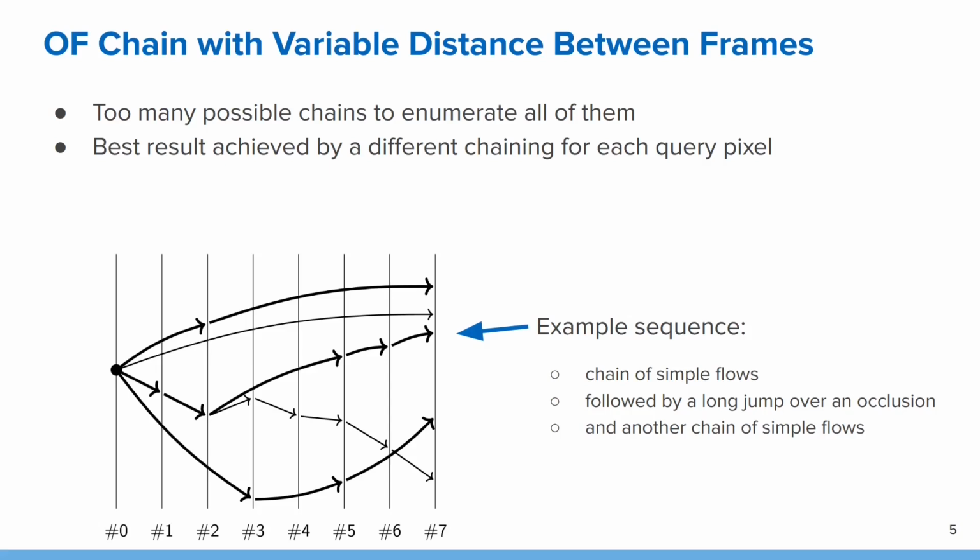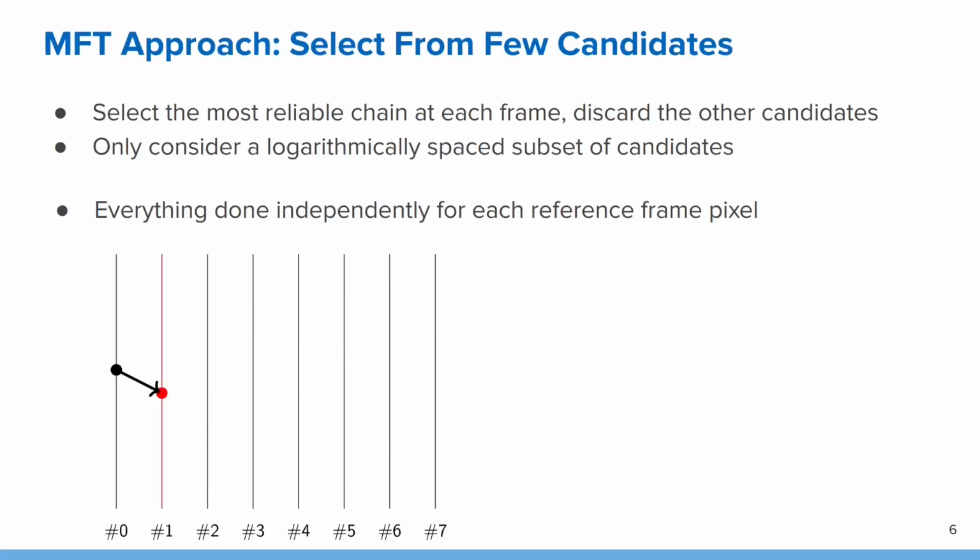Now, we will describe our MFT method, which significantly reduces the number of considered chains and selects the most reliable one. Let's go over MFT tracking example frame by frame. The MFT selects the simple optical flow to the first frame because there are no other chain candidates. In the second frame, there are 2 flow chain options.